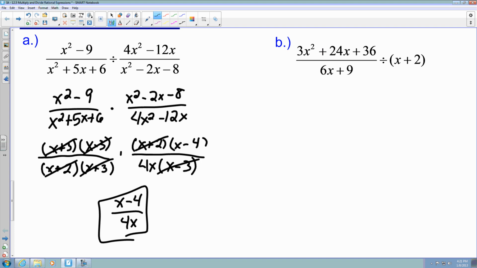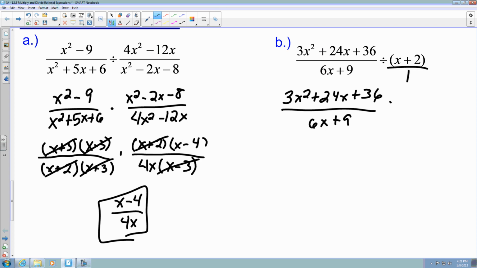Let's do this. So I'm going to rewrite this as 3x squared plus 24x plus 36 all over 6x plus 9. This doesn't change. I'm going to go to multiply. And since we recall we have x plus 2, it's almost like you're saying it's x plus 2 over 1. So I'm going to rewrite this as 1 over x plus 2. Okay. I can, in that numerator of my first fraction, factor out a 3 here.